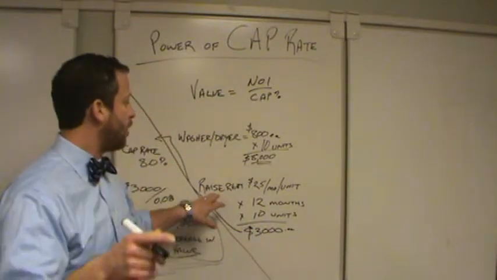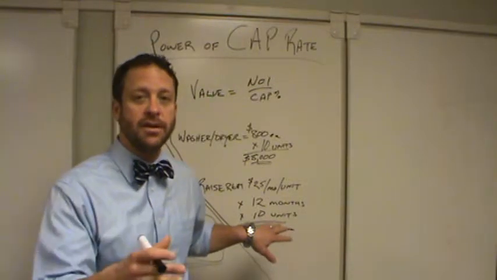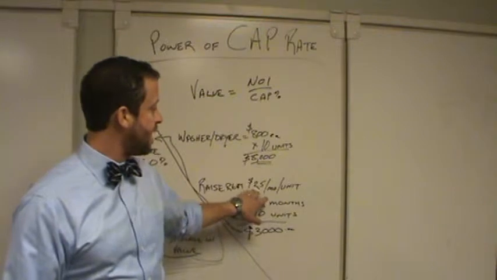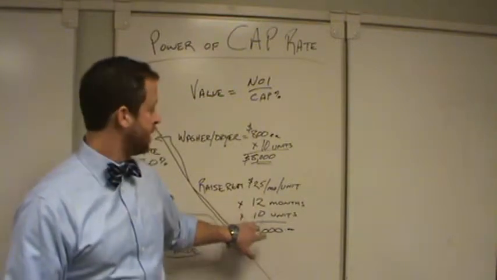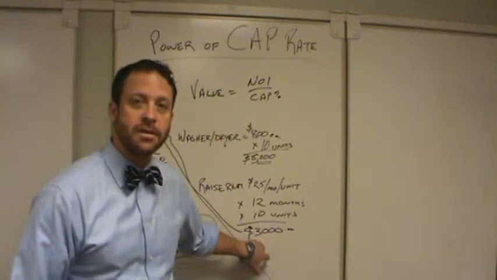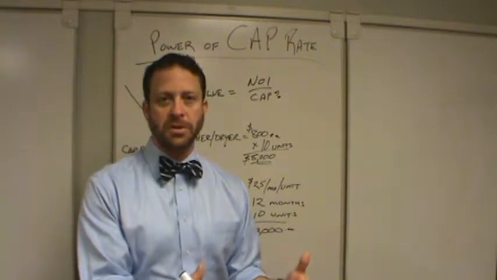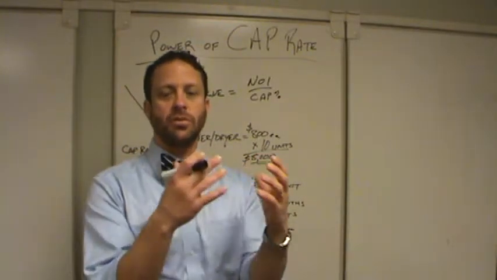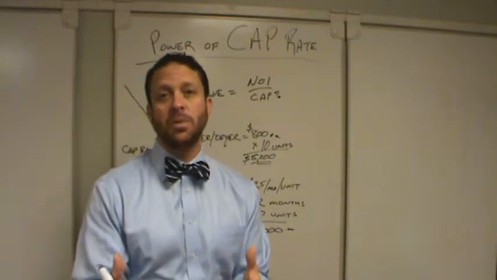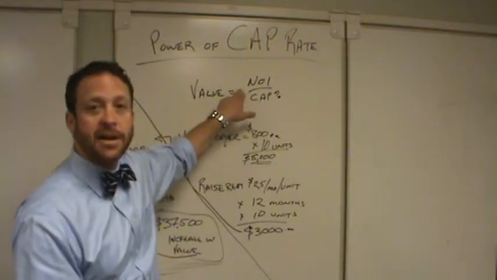Now, after I did that, I was able to raise the rent of each unit by $25 a month. So that's 25 times 12 months times 10 units is $3,000. So by spending $8,000 to put new washer and dryers in, I'm making an additional $3,000 a year, straight to the bottom line, or in this case what we would call NOI, which is net operating income, which is that number right there.